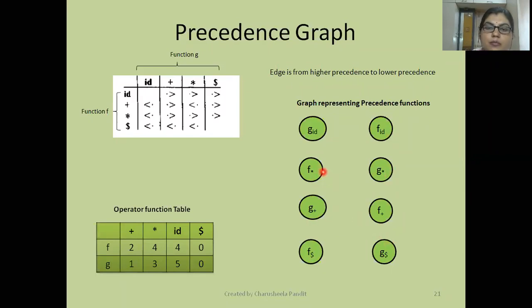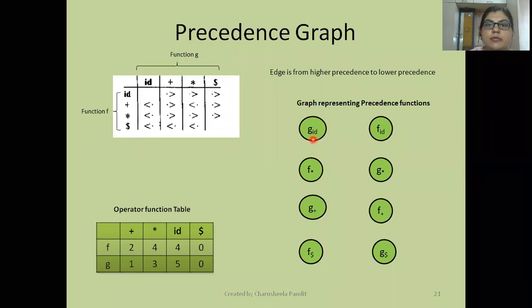But when you complete the graph, you will find it is a little clumsy and a little difficult to understand. But if we keep it this way, first g function, then f function, then g function, then f function, then the edges which we are getting and whatever graph we get at the end will be a little bit simplified.